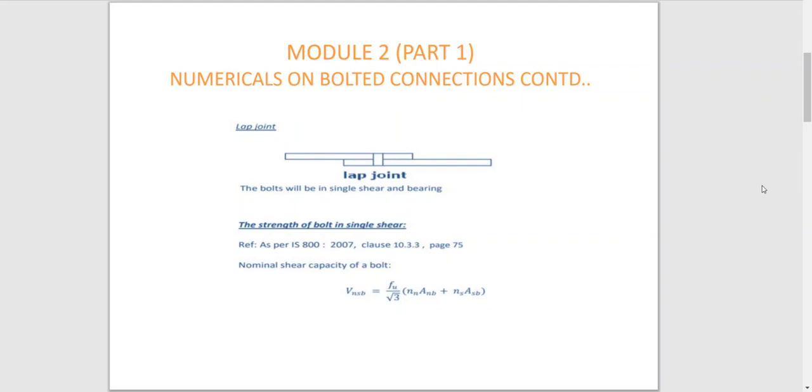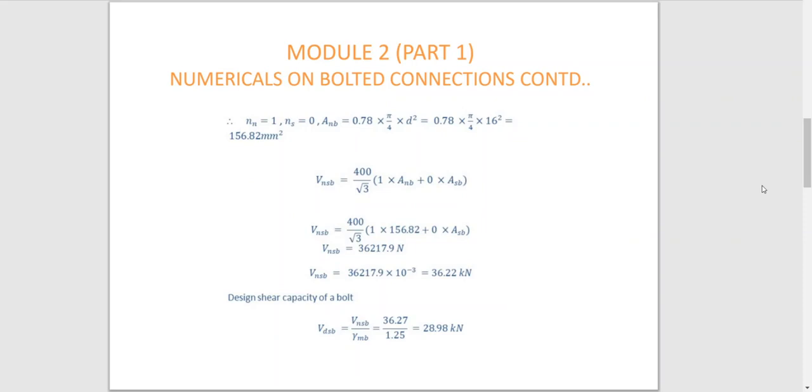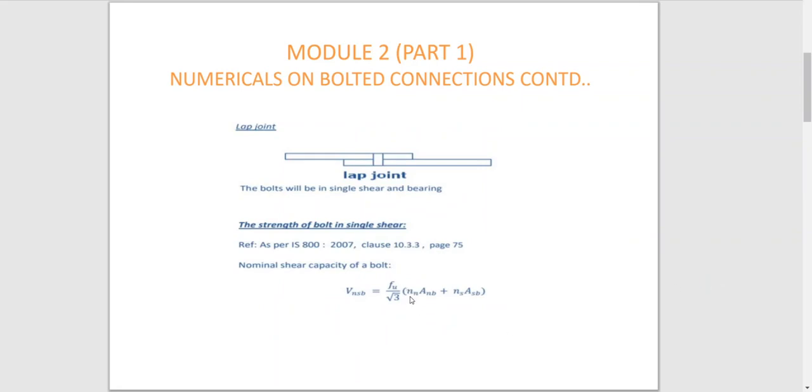Go to page number 75, clause number 10.3.3 of IS 800 2007. Nominal shear capacity of bolt, that is Vnsb, is equal to fub upon root 3 in bracket nn Anb plus ns Asb. nn means the number of shear planes falling in the threaded area, and ns is the number of shear planes falling in the shank area.